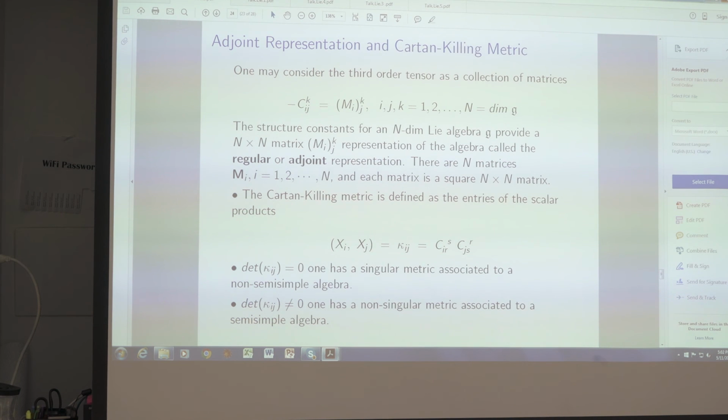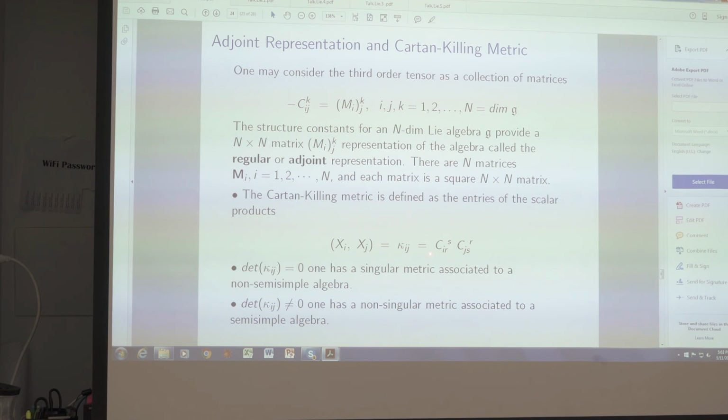How do you define the Cartan-Killing metric associated with your Lie algebra, which is a vector space? The Cartan-Killing metric is defined by this. Remember, I'm taking the scalar product of 2 vectors with the components of the vectors. The Killing metric is symmetric under i and j.